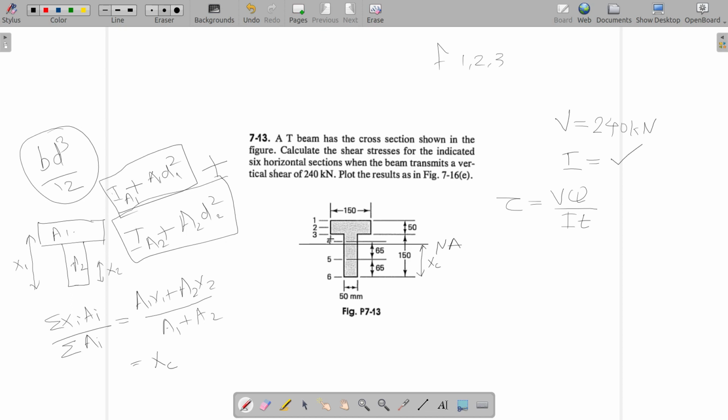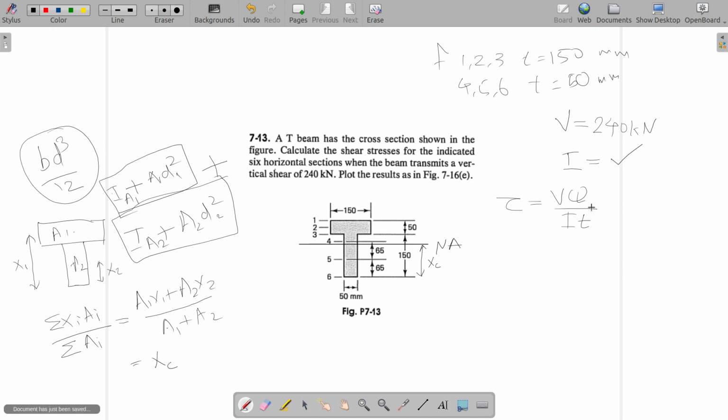So for 1, 2 and 3, t is equal to 150, and that is in millimeter. You need to take care of the units. And for 4, 5 and 6, t is equal to 50 mm, which is smaller. So when t is smaller, tau will be larger. Shear stress will be bigger when breadth is smaller.